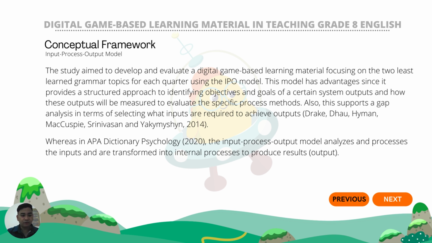For the conceptual framework, the study aimed to develop and evaluate a digital game-based learning material focusing on the two least learned grammar topics for each quarter using the IPO model. This model has advantages since it provides a structured approach to identifying objectives and goals of a certain system, outputs, and how these outputs will be measured to evaluate the specific process methods.